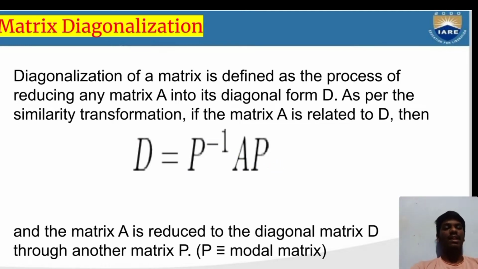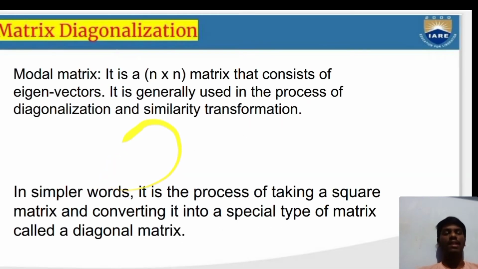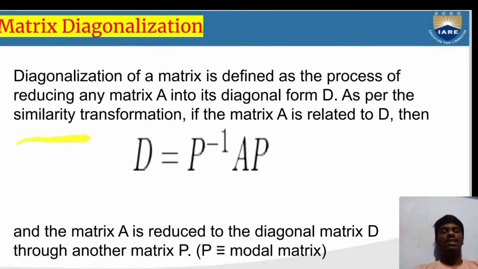As we discussed in the previous slide how A and B are related by similarity transformation, here we are diagonalizing the A matrix, where P is called the modal matrix. By applying this equation, we get D, which is called the diagonal matrix, and the other matrix P is called the modal matrix.